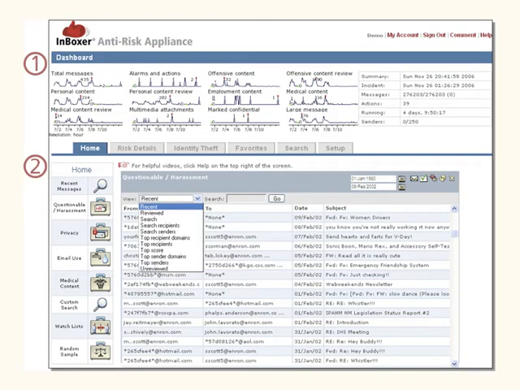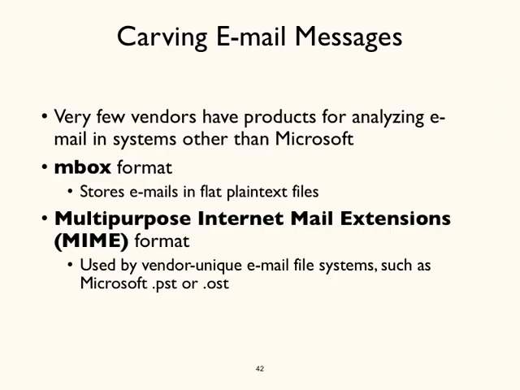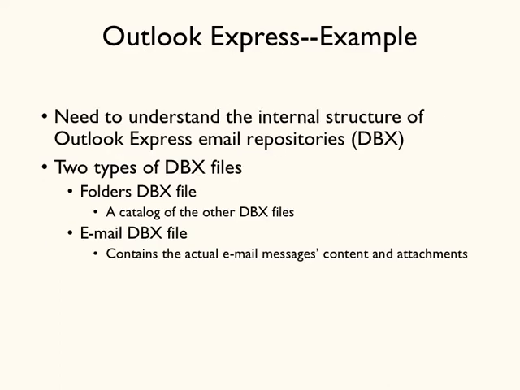Let's also take Outlook Express as an example of how to do analysis, because this is what we are going to do today. Basically, for all forensics, you need to understand the data structure, because you need to understand which part has what meaning. In Outlook, they use repository files called DBX and also PST.